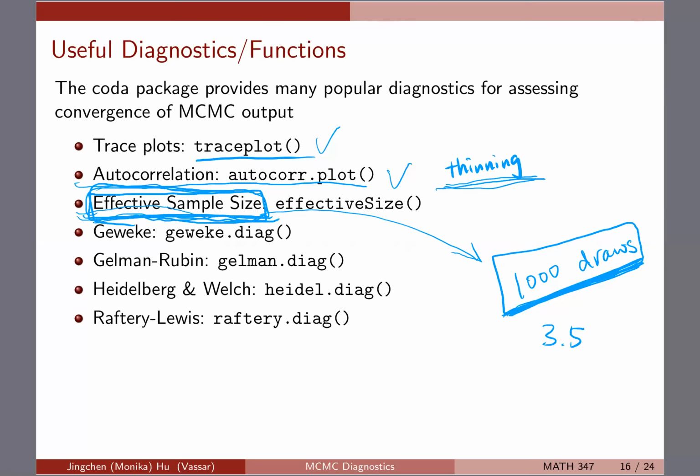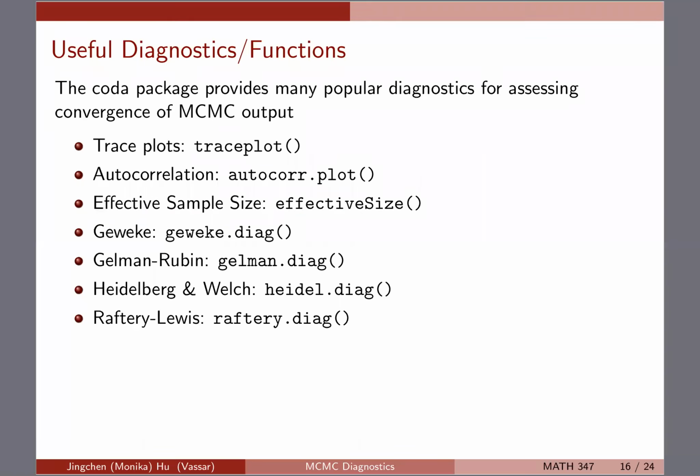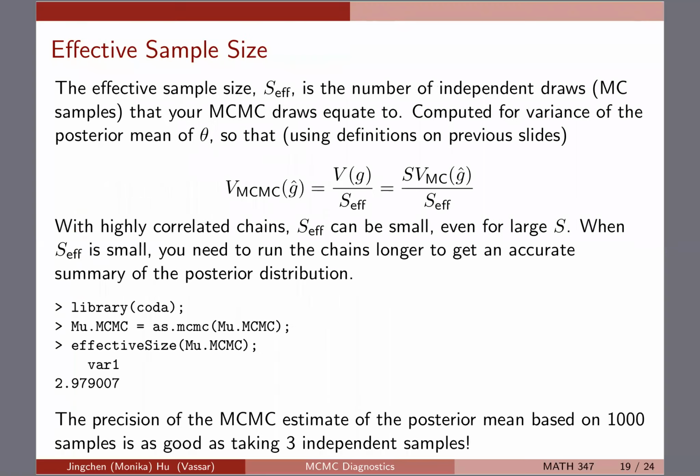Okay, so the end of the story is that you want that to be as big as possible. Yeah, as big as possible. But sometimes, unfortunately, even though you run it long enough, and you do the thinning, you do the burning, it might not be good enough. And then effective sample size will be a way that you can evaluate how good it is.